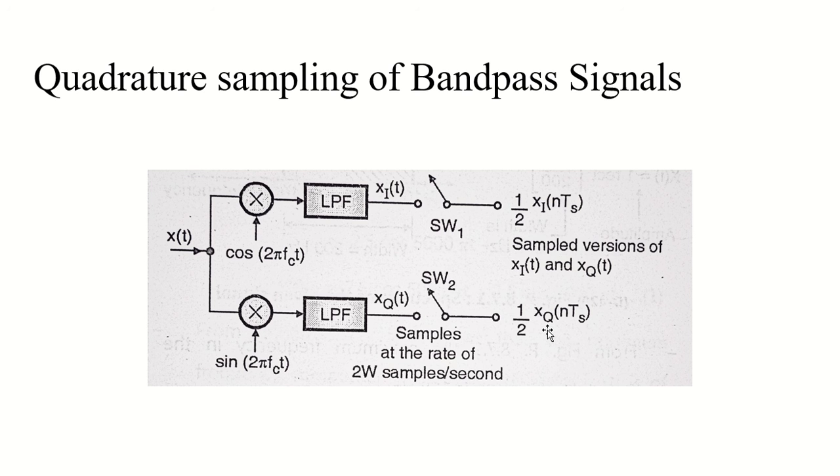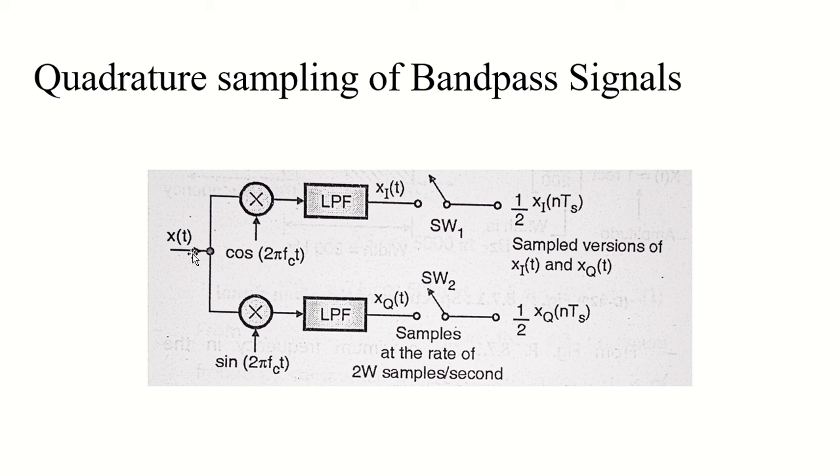The in phase and the quadrature components can be obtained by multiplying the bandpass signal x of t by cos 2 pi fct and sin 2 pi fct, just like we do in the dq axis, and then suppressing the sum frequency component by means of a low pass filter, as you can see here.